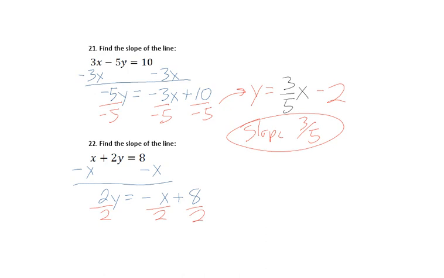When you do, you get y equals negative x over 2 plus 4. Now notice that there's nothing in front of x. Well, there technically is something. It happens to be 1. So the slope in this case is negative 1/2, negative 1 over 2.